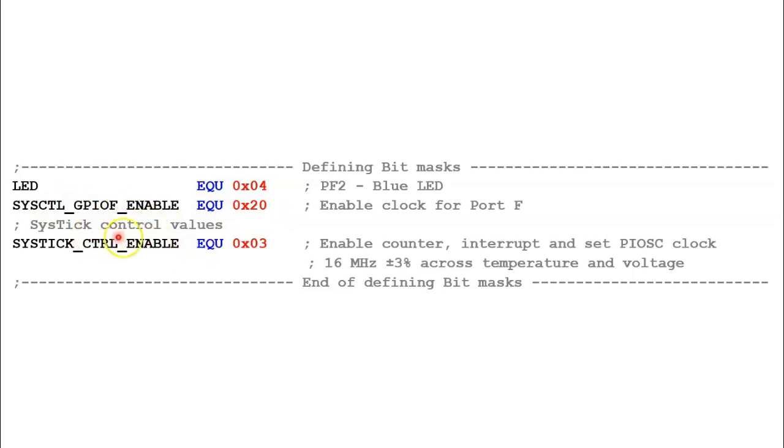And then the SysTick control enable value, 03. This 03 hex will enable the counter, the interrupt, and set the PIOSC clock to use 16 megahertz, because this PIOSC clock is operating at 16 megahertz. So basically these are the bit masks.